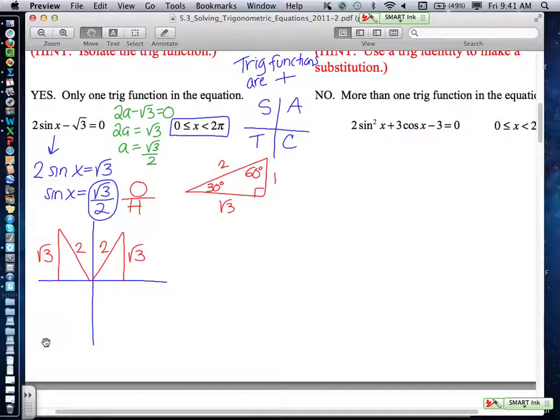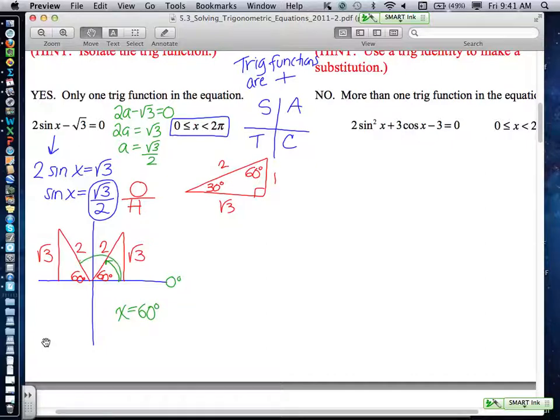So from recalling this 30, 60, 90 triangle, I know that's a 60-degree angle, that's a 60-degree angle, and now I have to name those two solutions. So here's one solution, relative to 0 degrees, that's x equals 60 degrees.